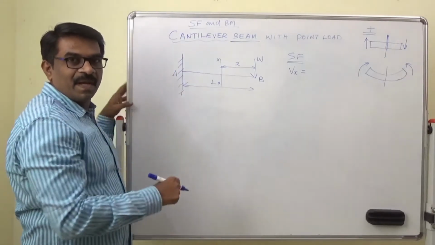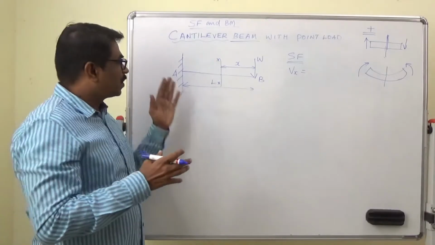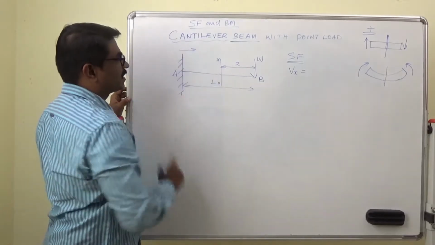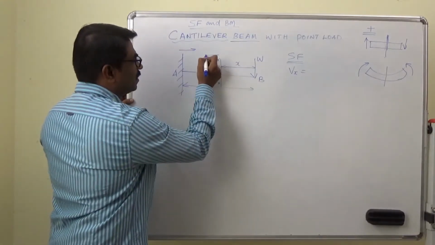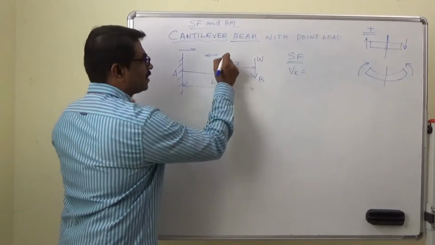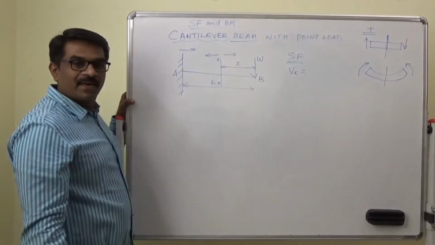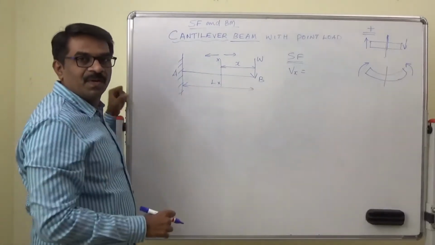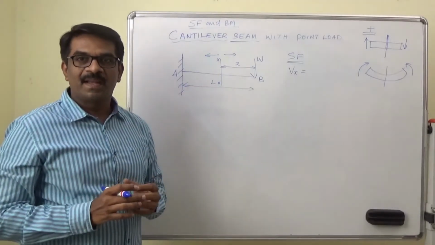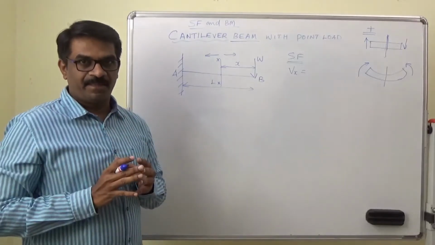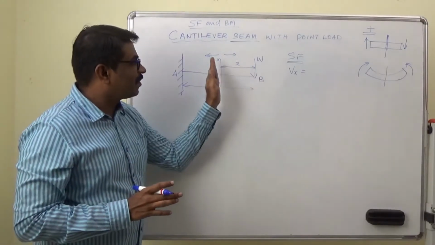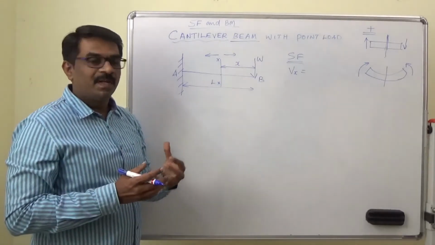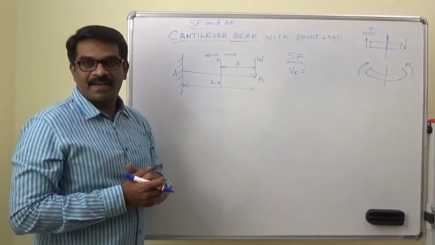So for a cantilever beam, if you want to come from the left side, you first have to use the equilibrium equations and find out the reactions. If I am using only the right side, then I don't have to find out the reactions.